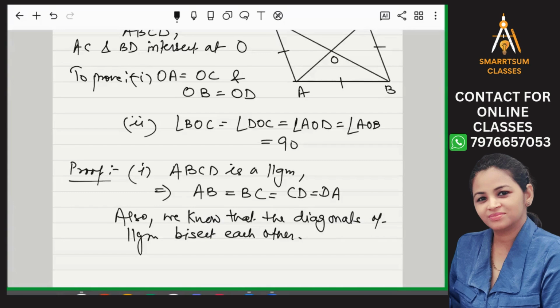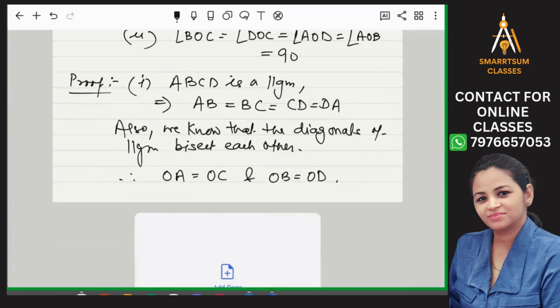Therefore, diagonals for this rhombus also will bisect each other. That means we can say that OA is equal to OC and OB is equal to OD, right? So since this is a parallelogram, the diagonals are bisecting each other, and therefore for this rhombus also we can say the diagonals are bisecting each other.